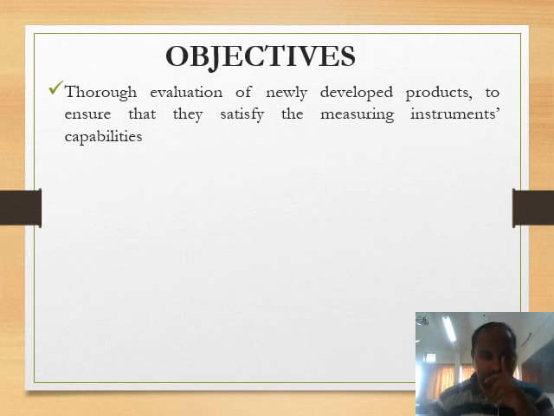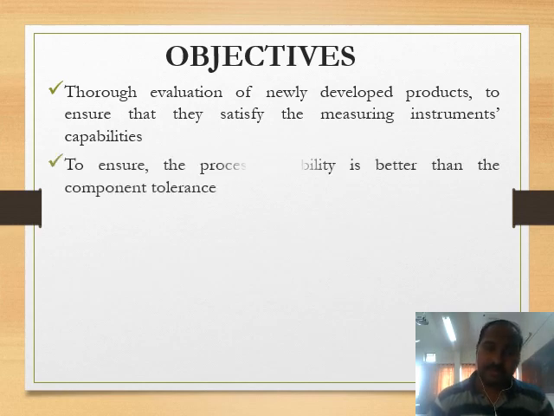It is able to measure the length up to the third decimal. So if I am going for a micrometer which is 0.01 mm, then obviously it is about the second decimal. So each measuring instrument has its own capability, and that needs to be ensured, it needs to satisfy the measurement capabilities.